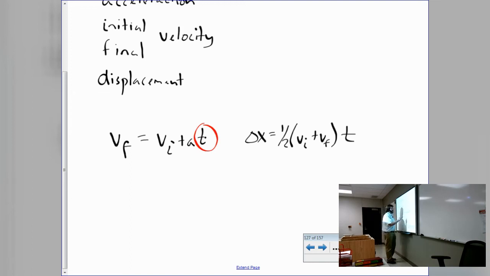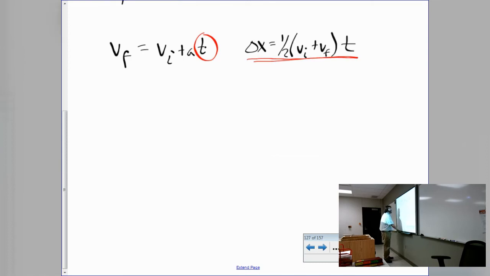To do that, I'm going to rearrange my second equation to solve for time and then substitute it in. So let's do that over here. Let's take my right equation, the displacement equation, and solve for time. Basically, what that means is I need to divide by half.